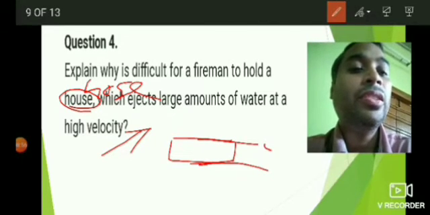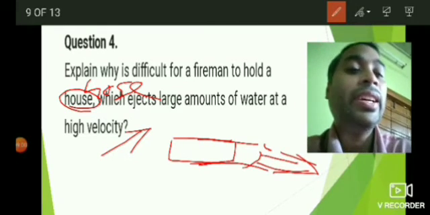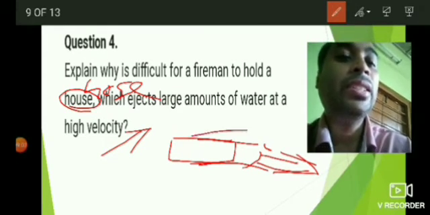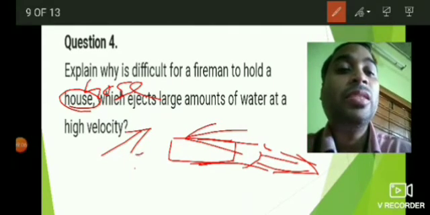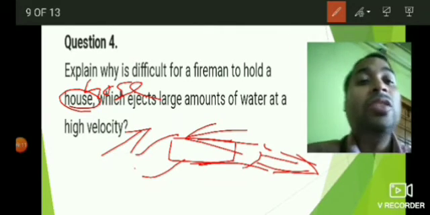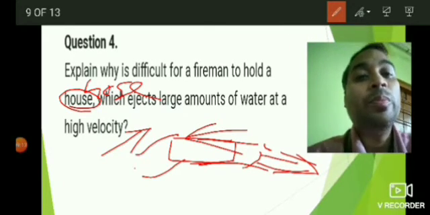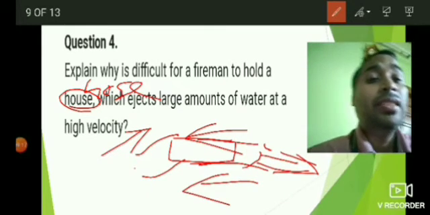Now if the water is coming out in this direction at high speed, definitely the water will exert the reaction force in the opposite direction. So the fireman holding the hose will not be able to hold it properly. Why? Because the reaction force will make it unstable.